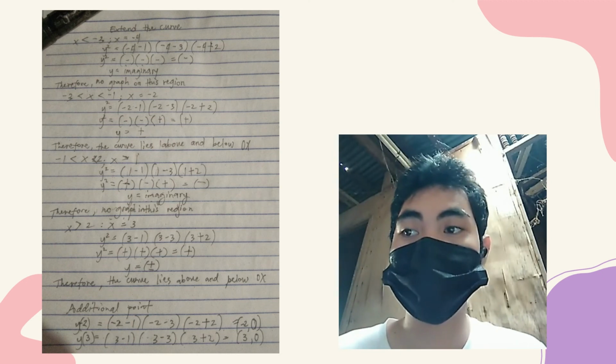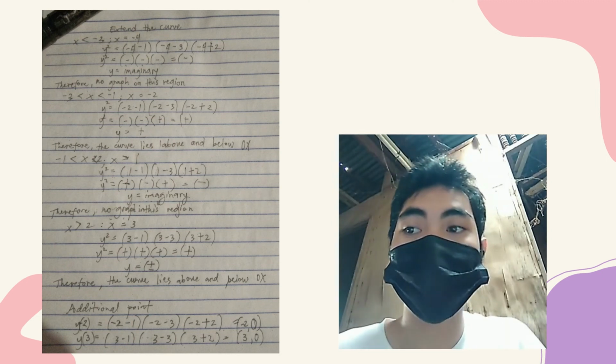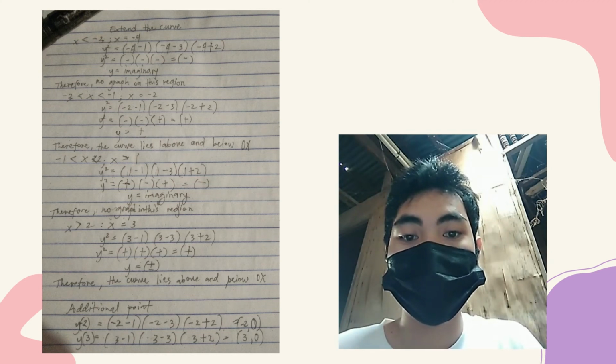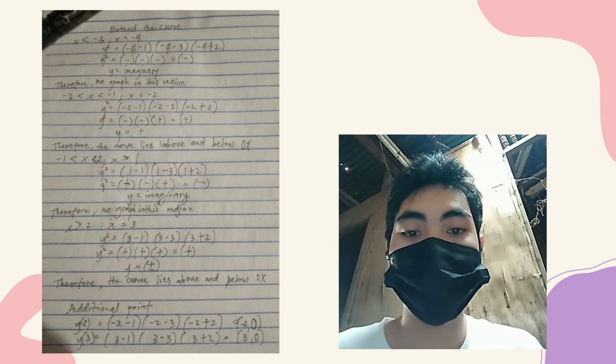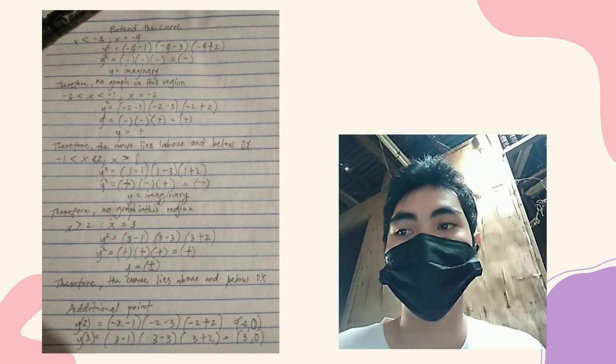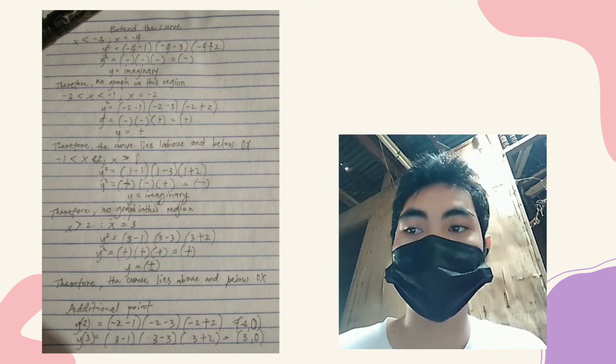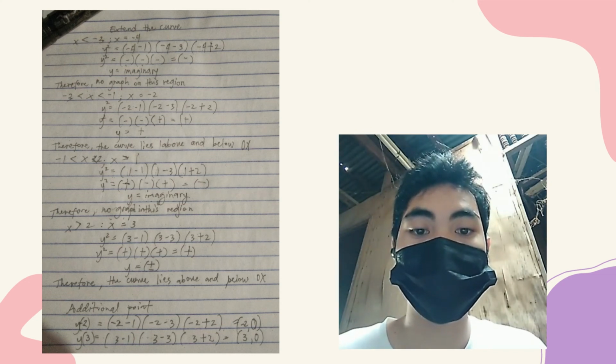For our first region, x is less than negative 3. So x will be negative 4. And we will substitute the negative 4 into our standard form, which is y squared equals to the quantity of negative 4 minus 1 times the quantity of negative 4 minus 3 times the quantity of negative 4 plus 2.